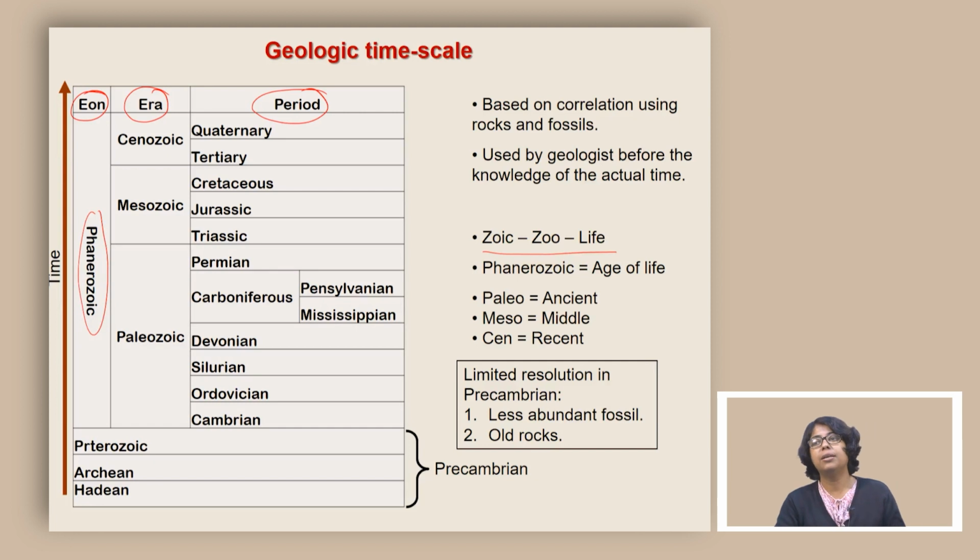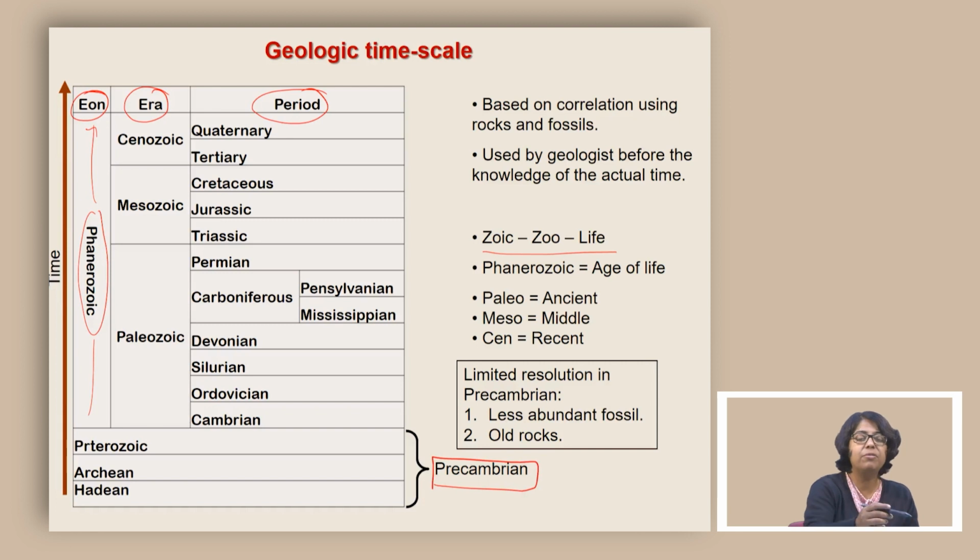The reason behind it is, when people first understood the Phanerozoic, they realized that this is the time during which we find a lot of fossils, and below which we do not really find a lot of fossils. Things have changed now, but because of this, the part below used to be called Precambrian and the part above used to be called Phanerozoic.